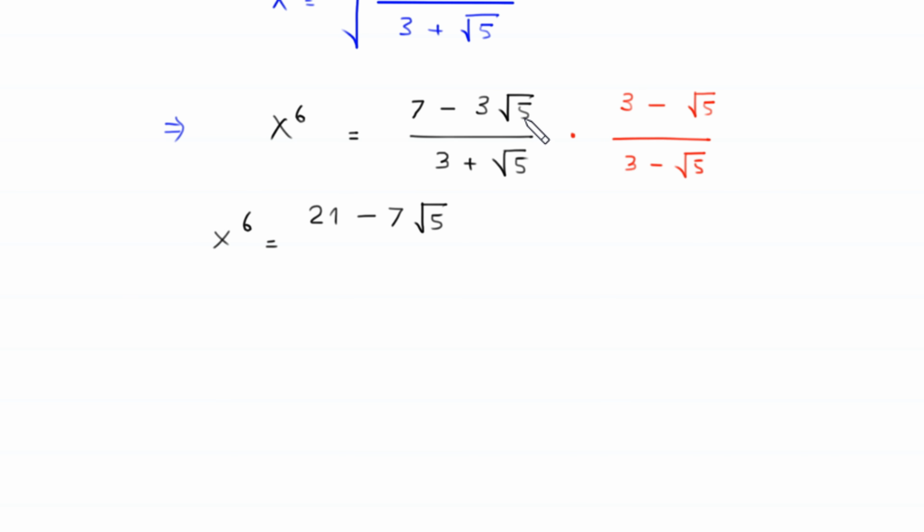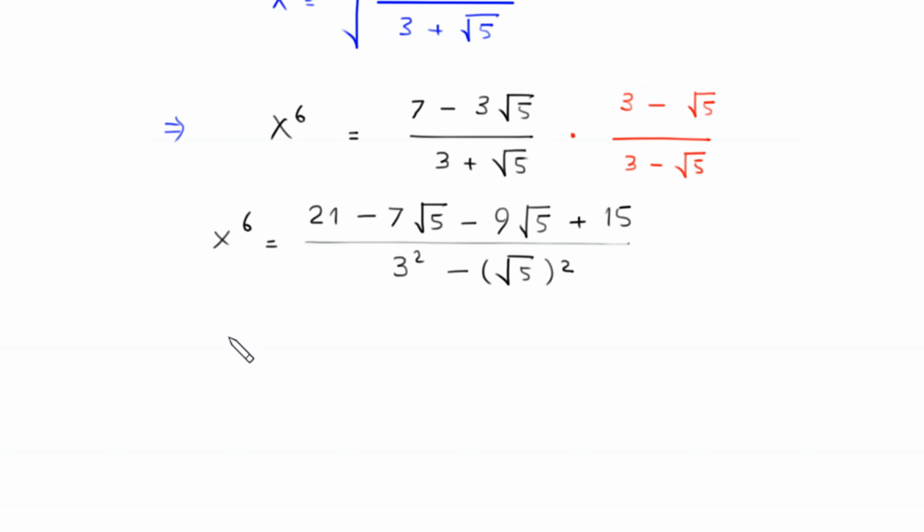Negative 3 times root 5 times 3 will become negative 9 times root 5, and negative 3 times root 5 times negative root 5 will become plus 15, divided by 3 squared minus root 5 squared.